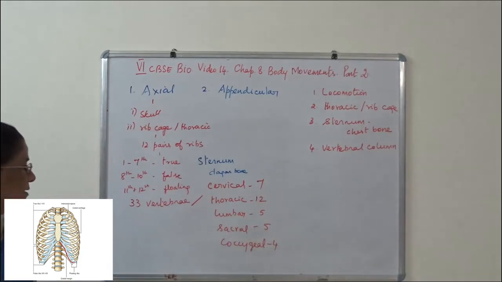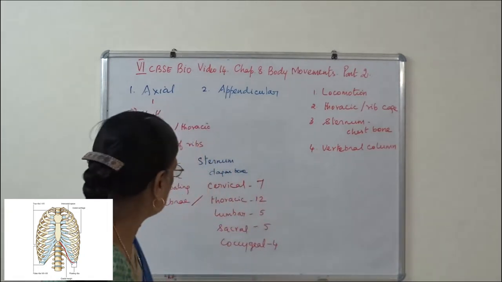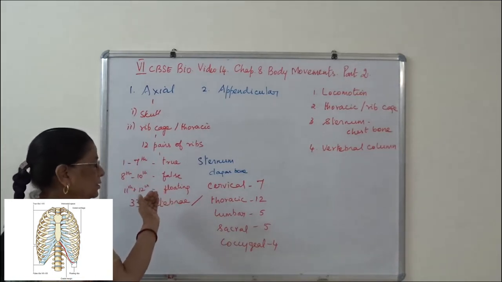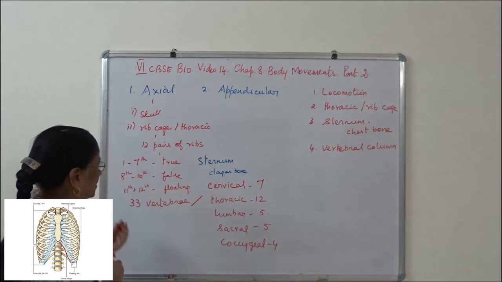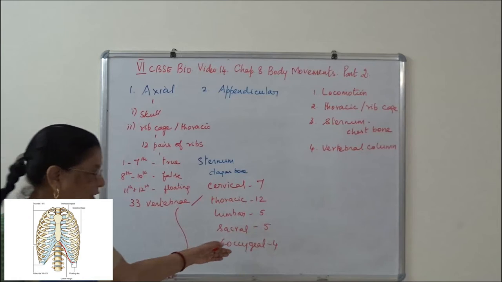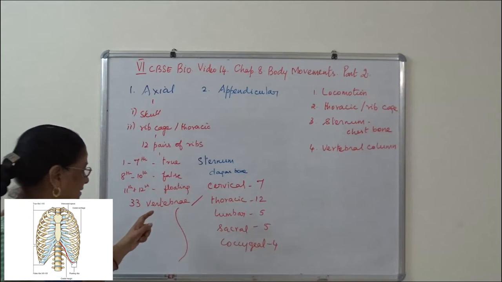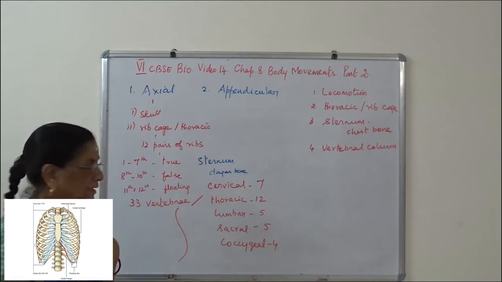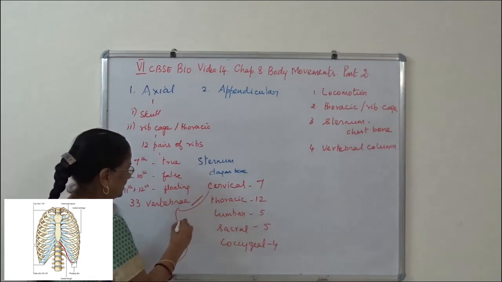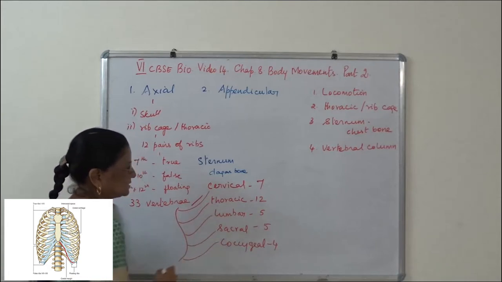What do you understand? This backbone is formed of 33 vertebrae, vertebra singular. Normally it is an S-shaped structure. The neck portion is cervical, then thoracic, lumbar, sacral, coccygeal.